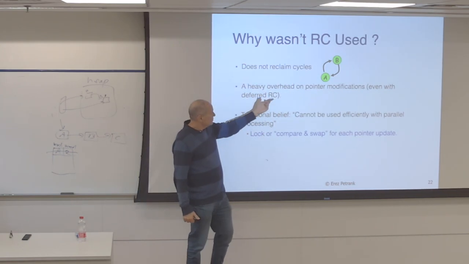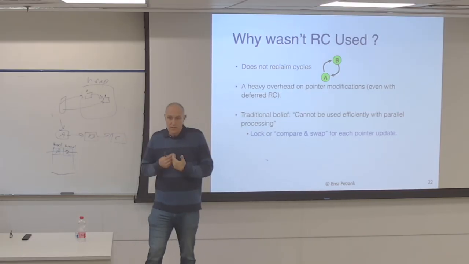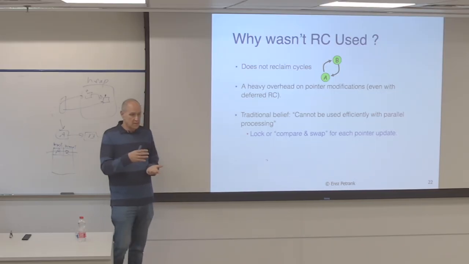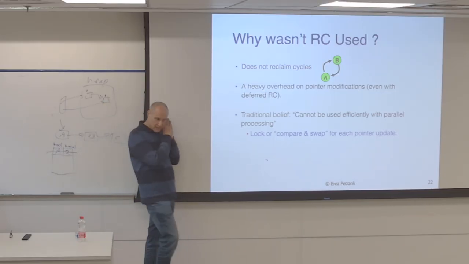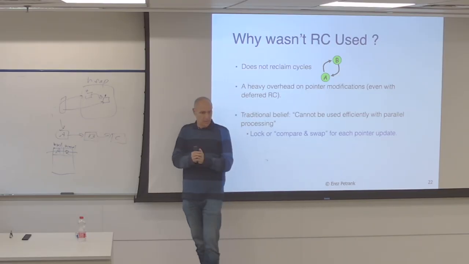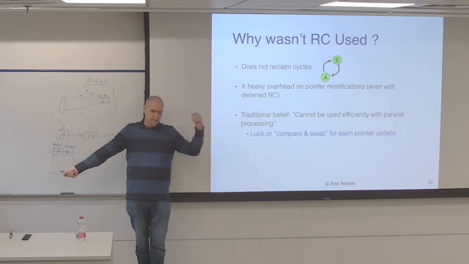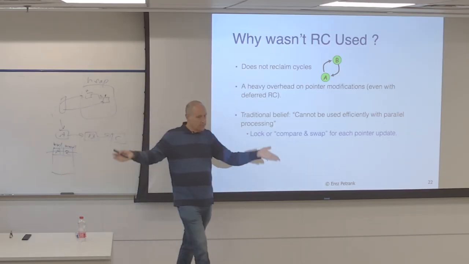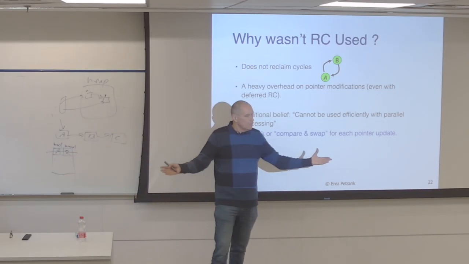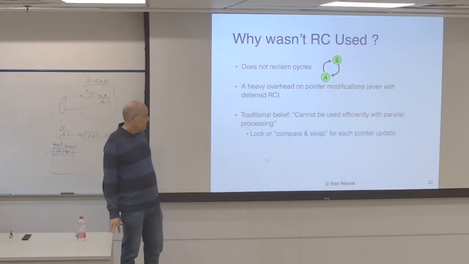The second thing is you have a heavy overhead on pointer modifications. Even if you do it just for changing pointers in the heap, the write barrier is going to be a lot more costly than write barriers of mark sweep. This is really costly, that you have to increment that and decrement that. You may get a cache miss. It's a lot of overhead.